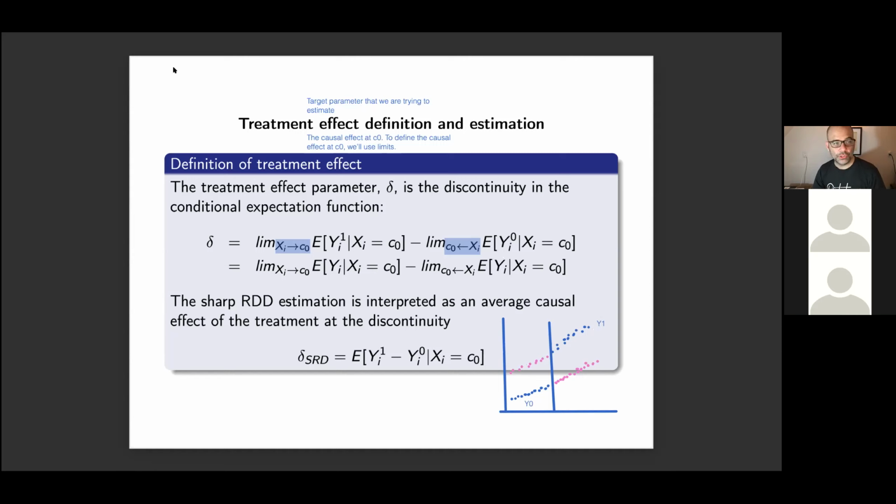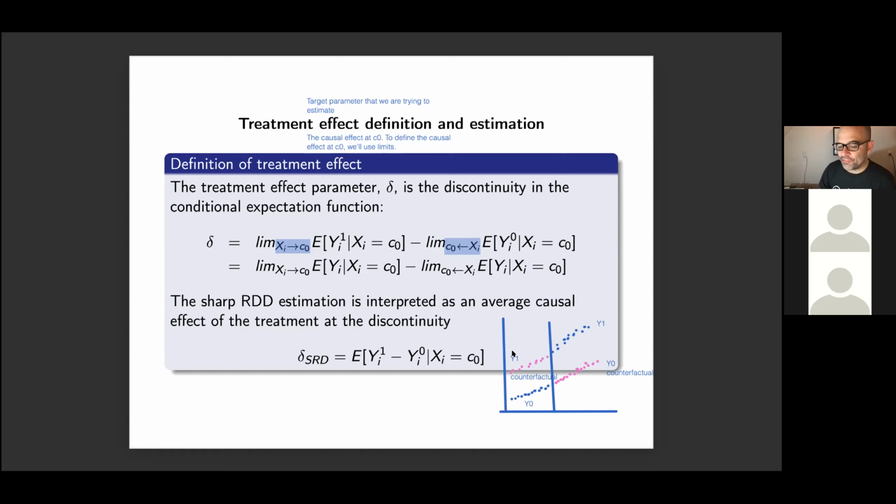This is still Y0 counterfactual. This right here is Y1 counterfactual. So we've got the same situation as before: Y1 counterfactual in pink, observed in blue.